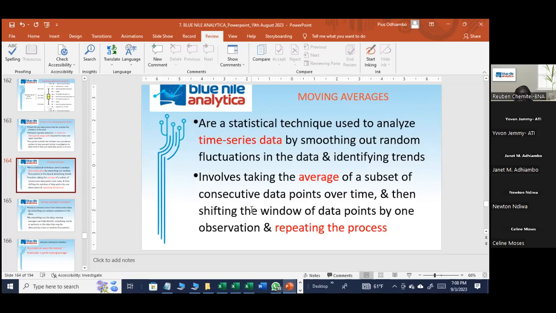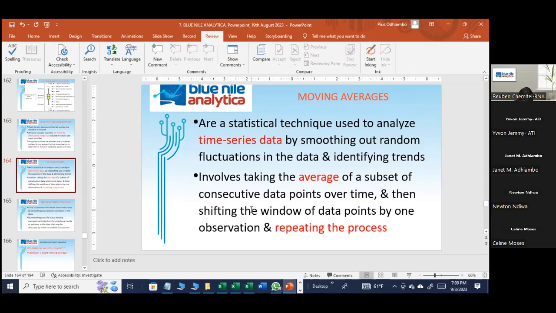Now, in statistics, we have a statistical technique which we normally use to analyze time series data. For example, if you have data that you have collected probably from January to December, or from Monday to Friday, it has an aspect of time, and that's why we say time series data.